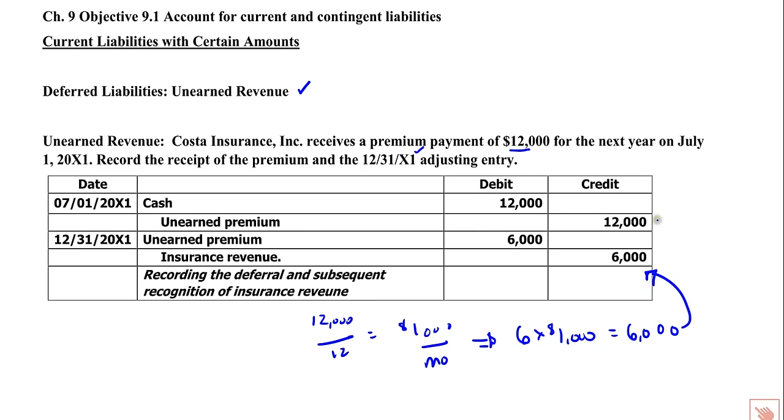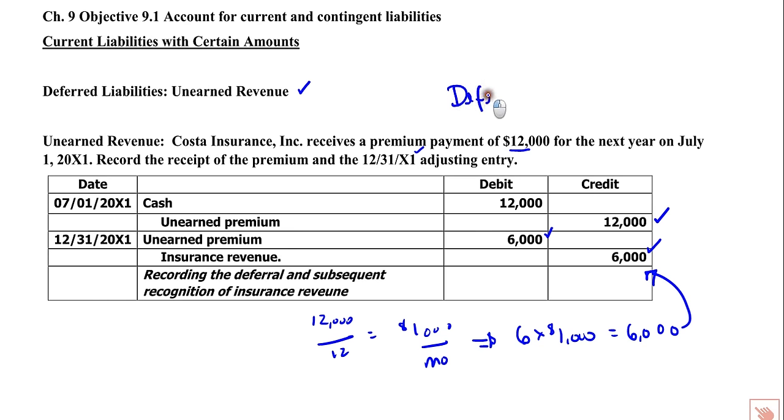So when the company receives the premium, they have received the cash, and then they have a current liability called unearned premium. As time passes, when they do the adjustments, they'll recognize part of the insurance revenue, and they'll reduce the liability. Okay, so this accrual is actually a deferral.